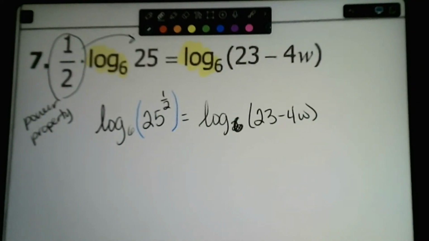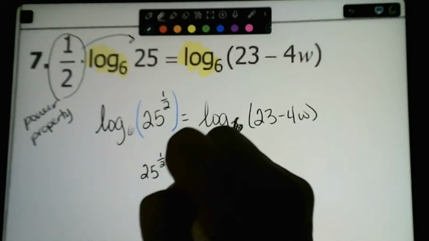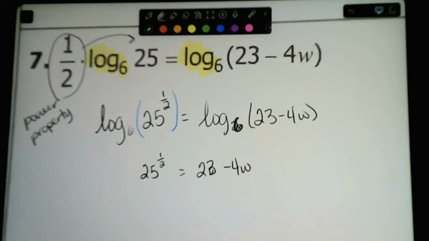And now that the logs with the same base are there, and there's only one log on each side of the equal sign, I can throw those away and work with just the stuff I'm taking the logarithm of. This is a fairly straightforward equation to solve.